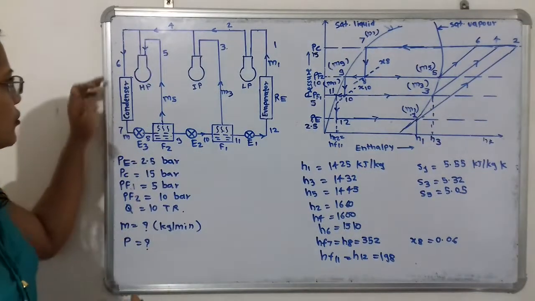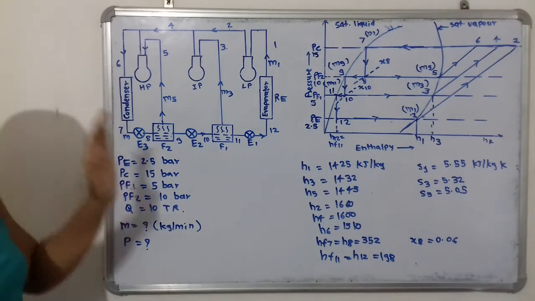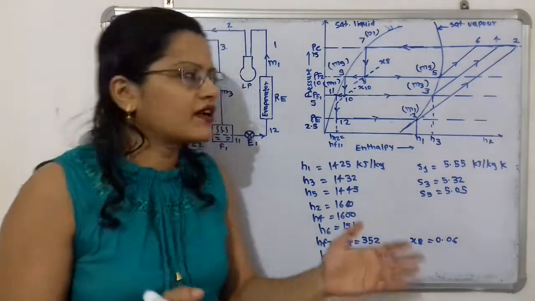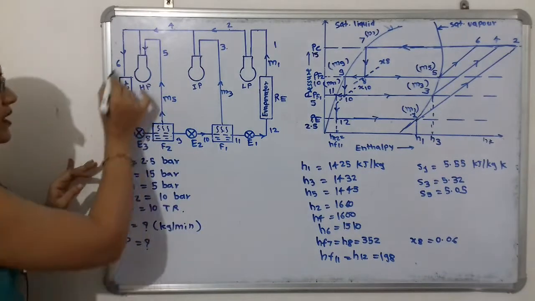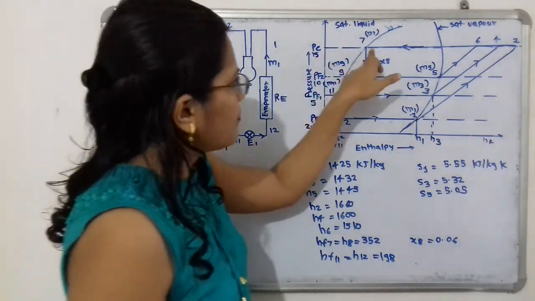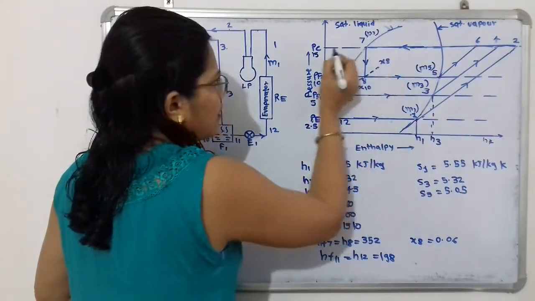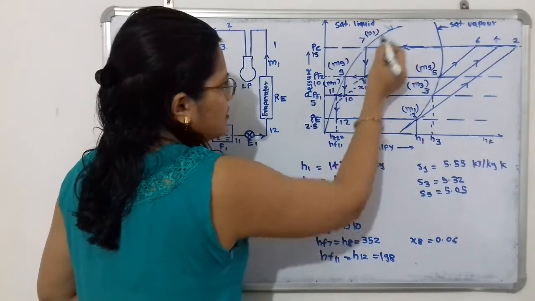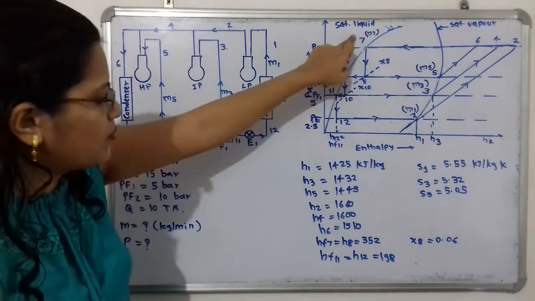So we have to show this condensation process, that is from 6 to 7, where the refrigerant is getting converted into the saturated liquid state. And what is the pressure? The pressure is the condenser pressure, that is 15 bar. So along this same pressure, the cooling process is done up to the saturated liquid line. So this is the pressure line and this is the saturated liquid line, and this point of intersection will give us the point 7.